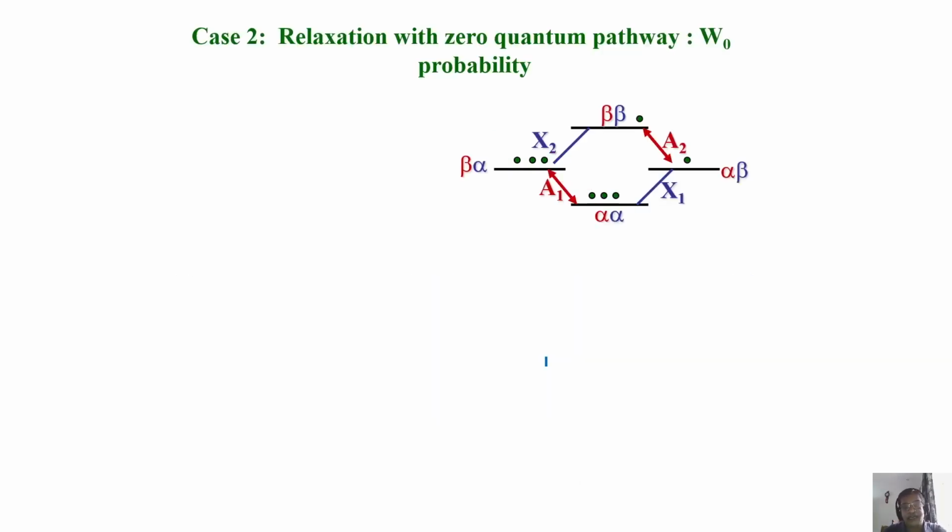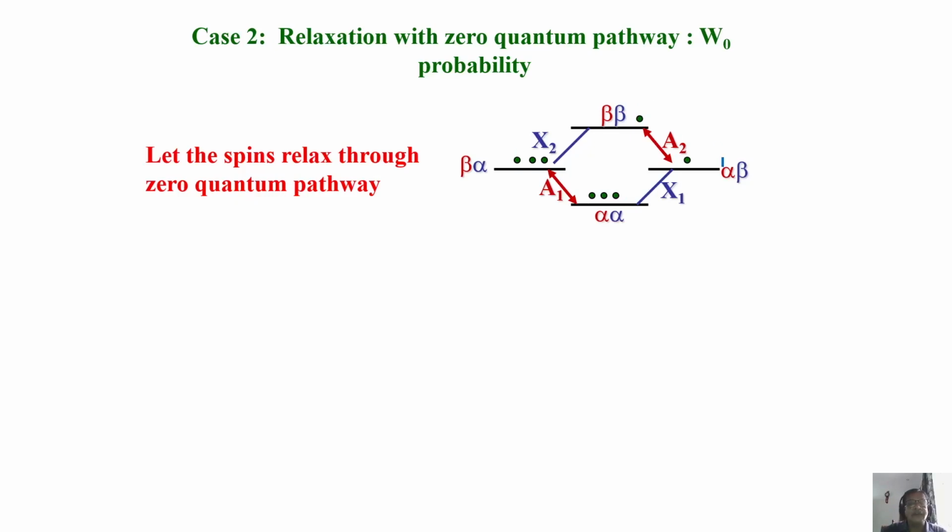Now we will do another possibility. Again, we consider a situation with spins A, where both the possible transitions of A are again saturated. We irradiated and saturated these with low power RF. Now, instead of allowing the spins to come from here to here through the double quantum relaxation pathway, why not allow this to go through the zero quantum pathway? That is also allowed as far as relaxation is concerned.